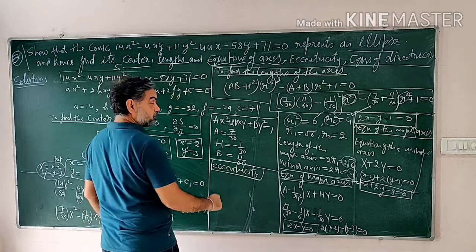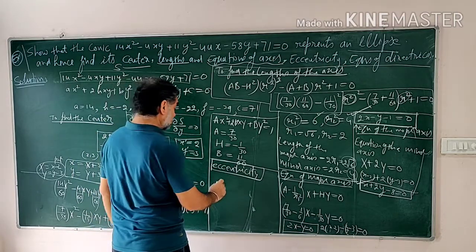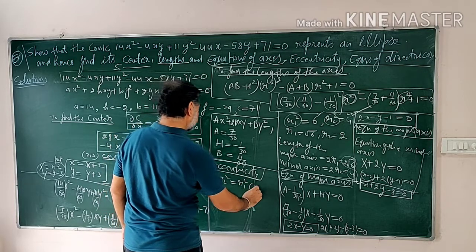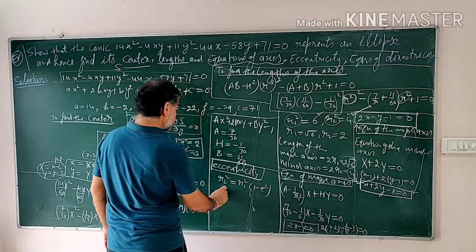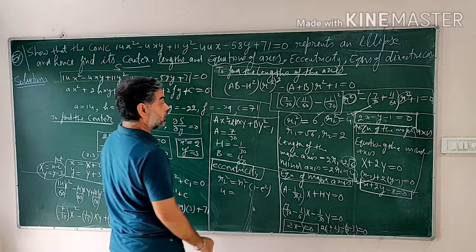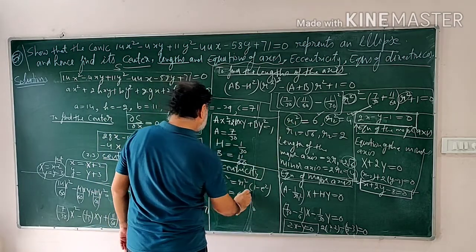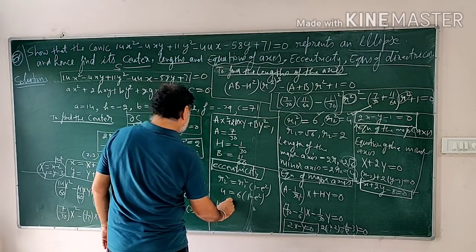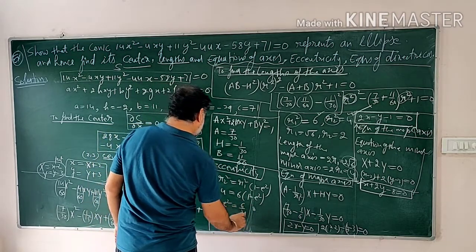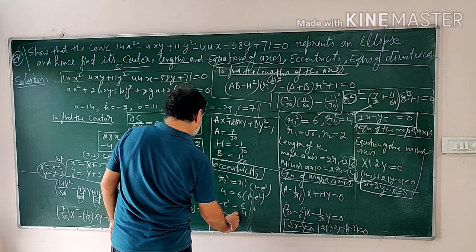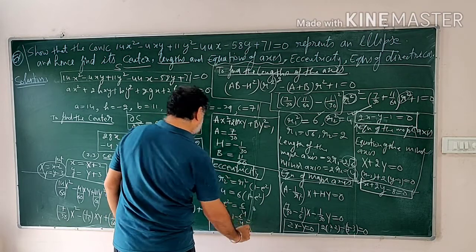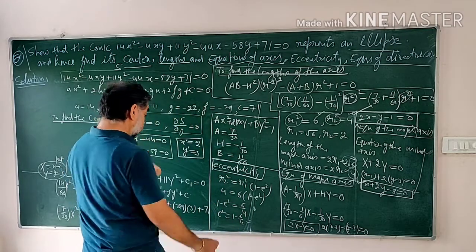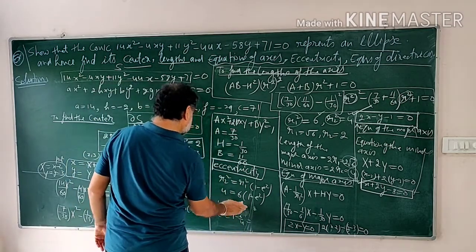For eccentricity, the formula is b square equal to a square into 1 minus e square. So r2 square is equal to r1 square into 1 minus e square. r2 square is 4 and r1 square is 6. So 1 minus e square can be written as 4 by 6.